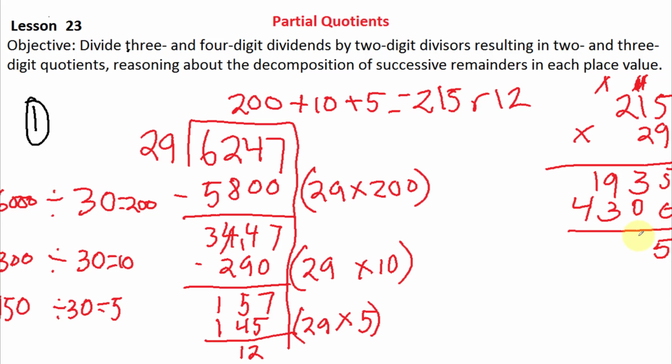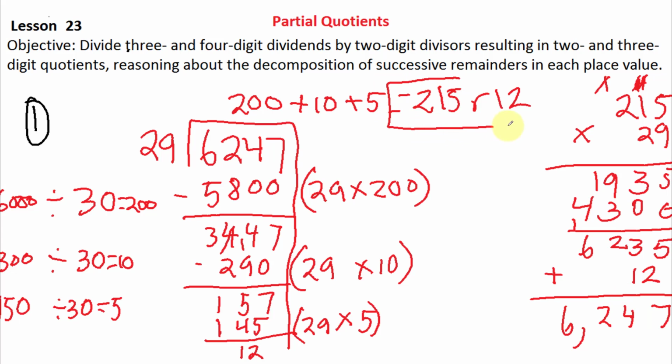Gives me 5, 3, 2 with 1 remaining, 4 regrouped, 4, 5, 6. And finally add in our remainder. 5 plus 2 is 7. 3 plus 1 is 4. 2, 6. And we have a match. So our answer, 215, remainder 12, works.